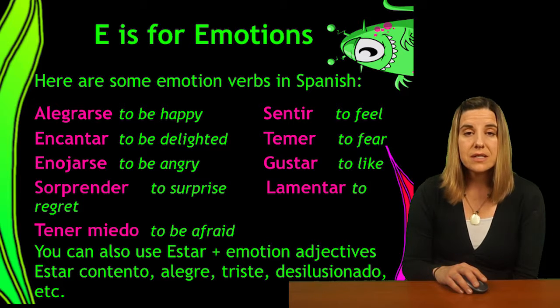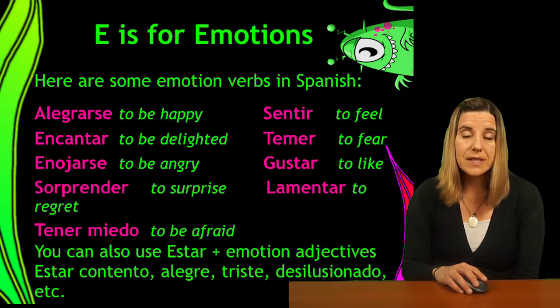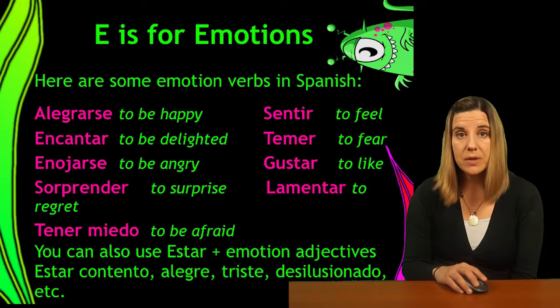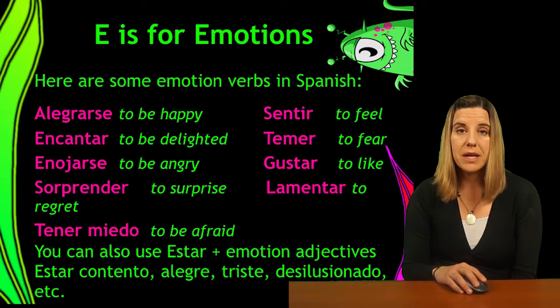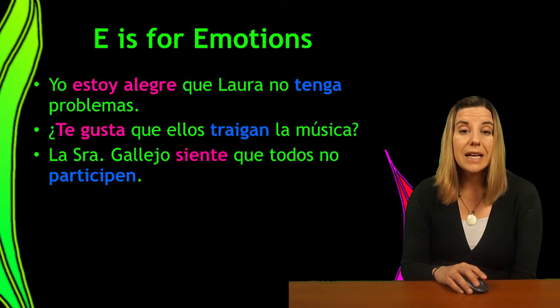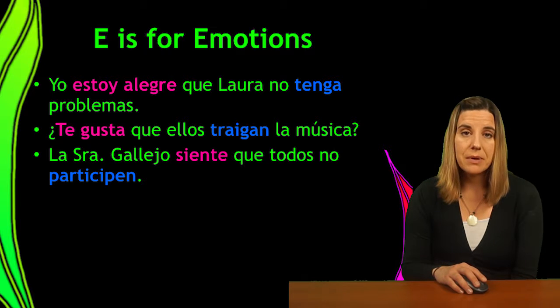You might also use estar with an emotional adjective, such as estar contento, alegre, triste, desilusionado, etc. What's important is that this is expressing how somebody feels about something that somebody else does, which is going to, again, force that verb into the subjunctive mood. Yo estoy alegre que Laura no tenga problemas. ¿Te gusta que ellos traigan la música? La señora gallega siente que todos no participen.